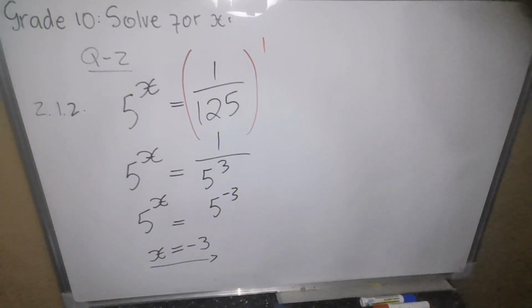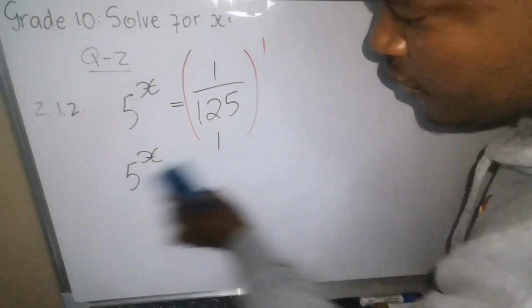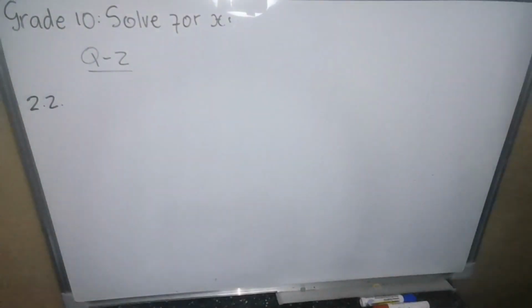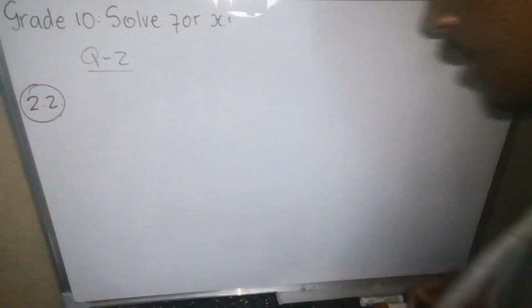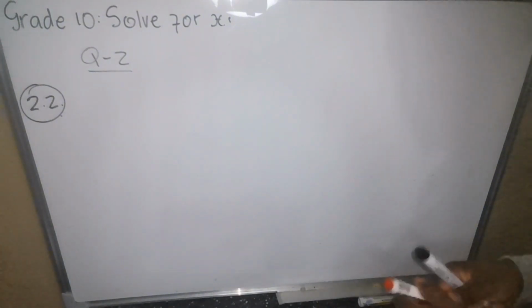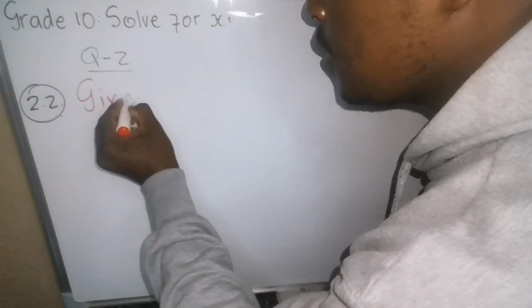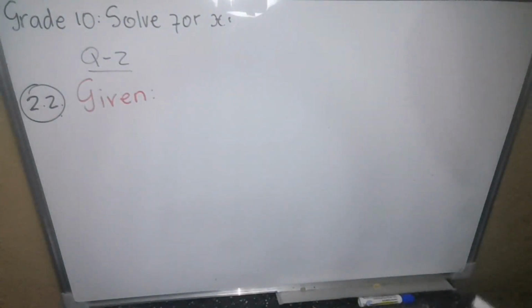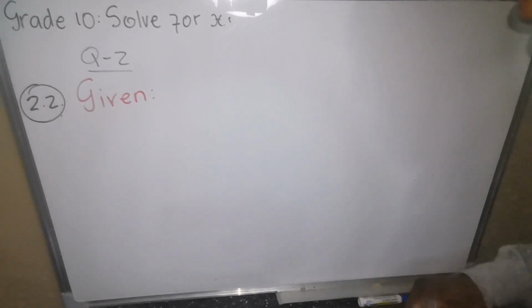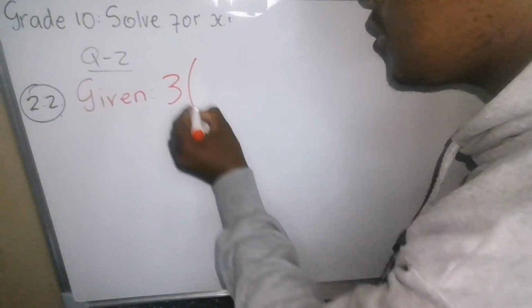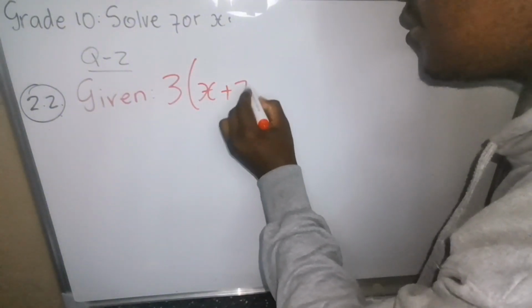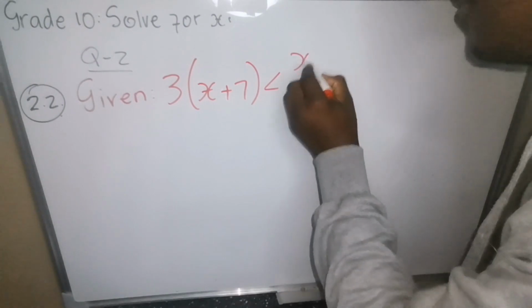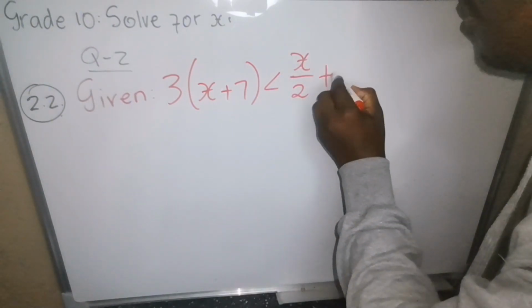Yes, guys. Now, let's go to 2.2 for 2015. 2.2 for 2015. It says that we are given 3 times (x plus 7) is smaller than x to the power 2 plus 1.